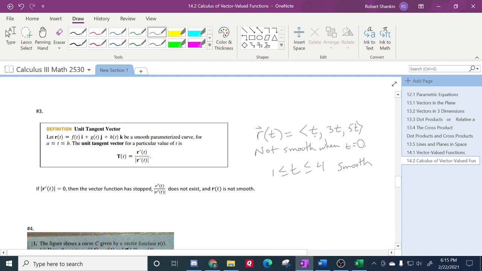Hold it, no, this is not a plane. This is a line. And 0, 0, 0, then 1, 3, 5, then 2, 6, 10, and so on.